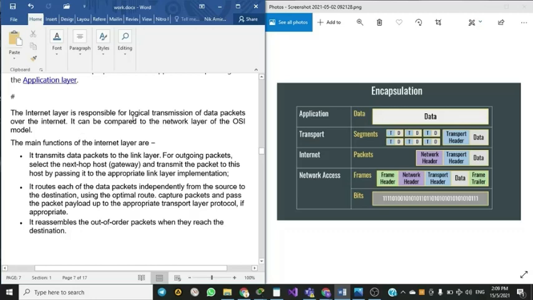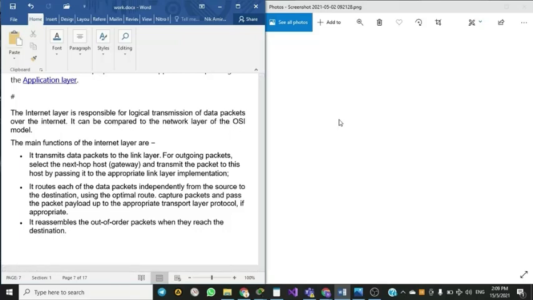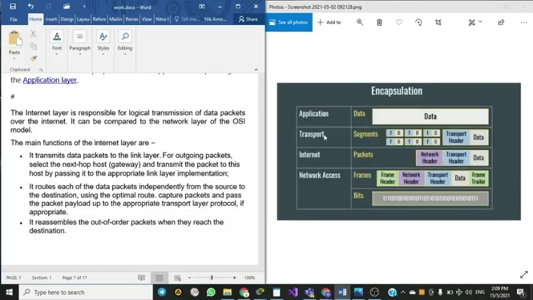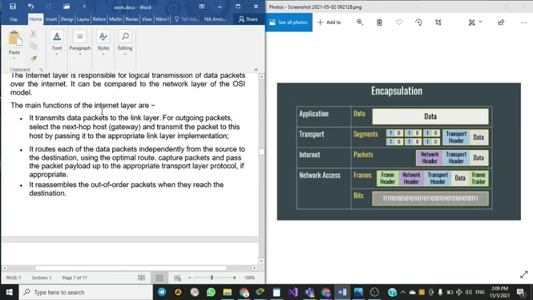The Internet layer is responsible for the logical transmission of data packets over the internet. It can be compared to the network layer in the OSI model. The main function of the layer is to transmit data packets. For outgoing packets, it selects the next host gateway and transmits the packets to the host by passing them to the appropriate layer implementation.